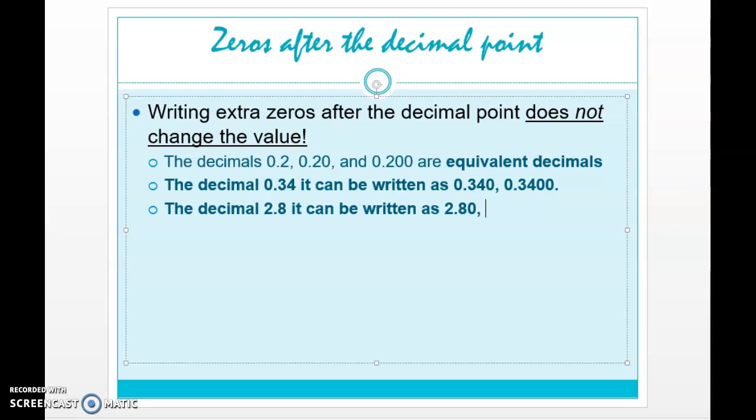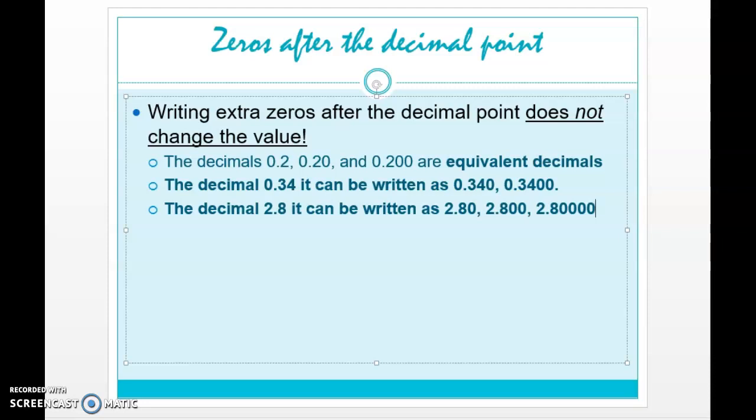Another way it can be 2.800 or 2.80000. However many zeros I add after the decimal point does not change the value.